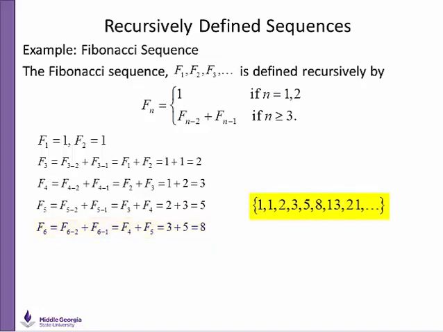So our Fibonacci sequence is looking like this: 1, 1, 2, 3, 5, 8, 13, 21, and so on. And you see 21 is the sum of the two before it, 8 and 13. 13 is the sum of the two before it, 5 and 8. 5 is the sum of the two before it, 2 and 3, and so on.